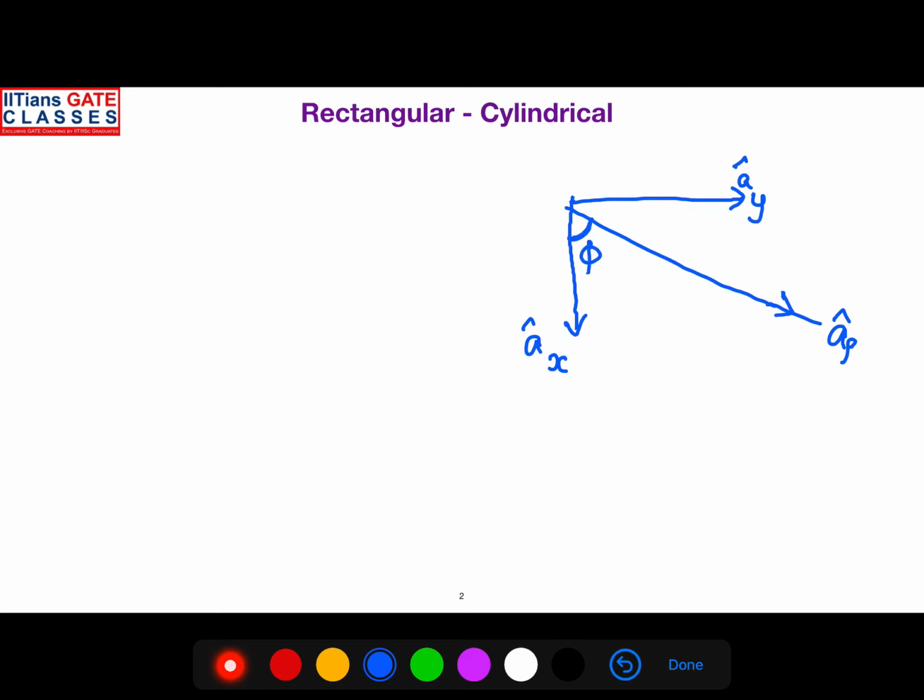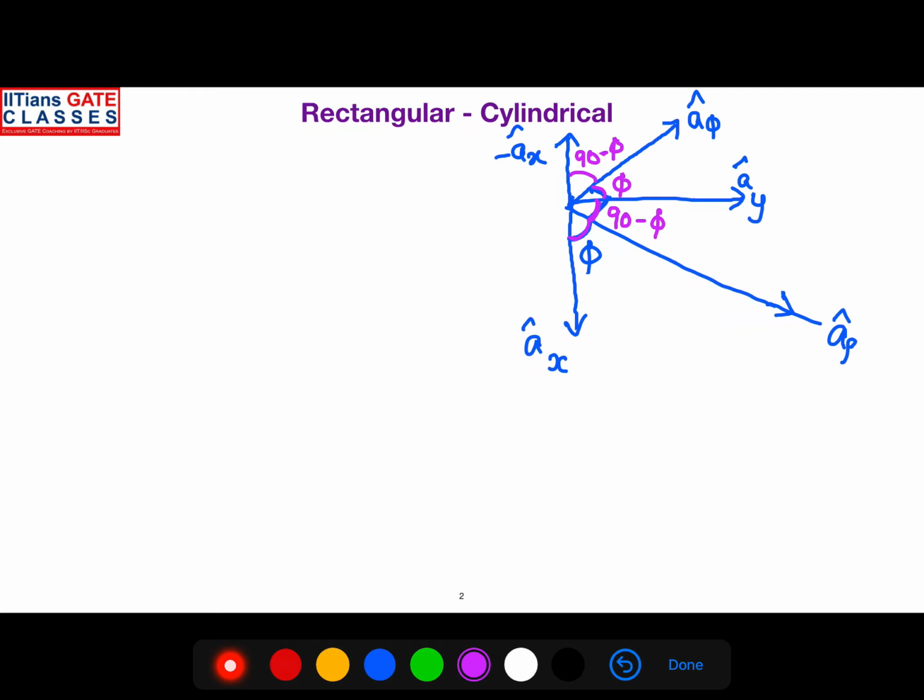So I will represent a phi as a vector like this, where there is a 90 degrees angle between a rho and a phi, and similarly this represents minus ax. Now see, this is phi, so this part becomes 90 minus phi, and this will become phi, and again this will become 90 minus phi.